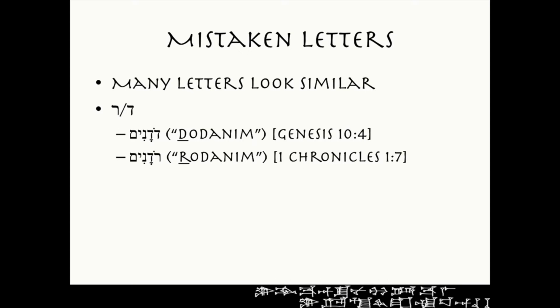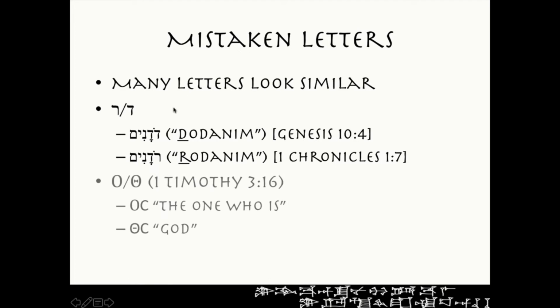But in 1 Chronicles 1:7, we see that same word rodanim with an R, and the thought is that dodanim was a confusion of the word rodanim, because the resh and the dalet look so similar. This is the dalet, of course, and this is the resh, and you can see the rest of the word is exactly the same, and you can see how you could confuse these two letters.